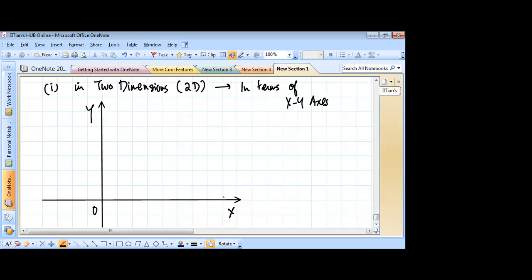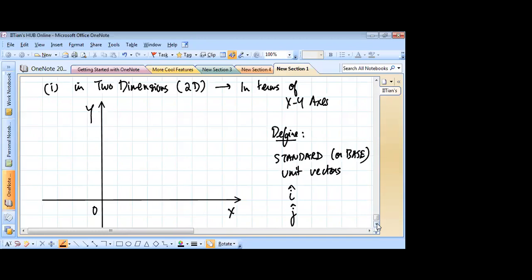Once we've defined the X and Y axes, we define what we call standard unit vectors, or base unit vectors, given by the symbols I cap and J cap.